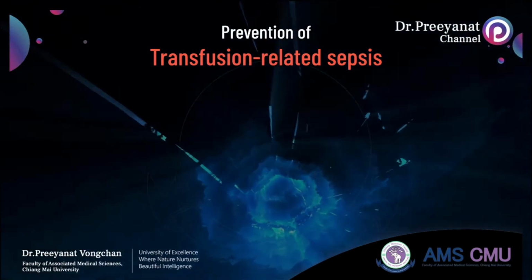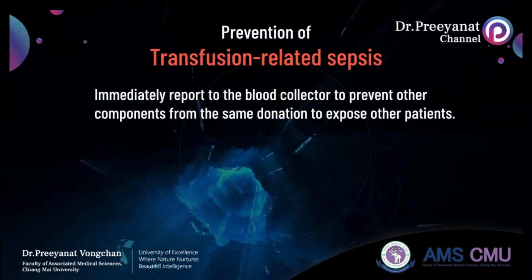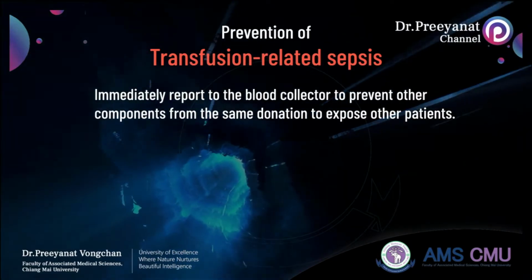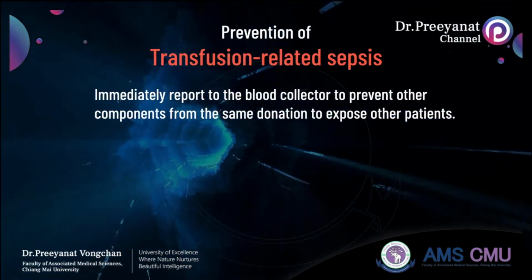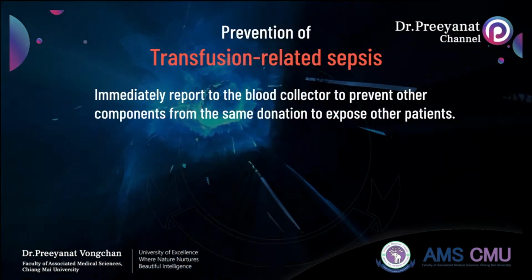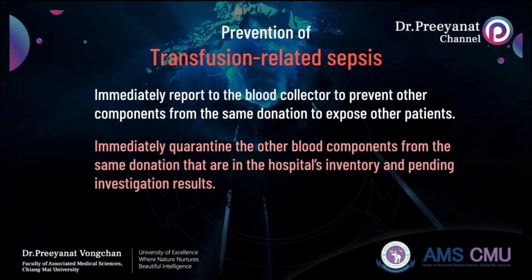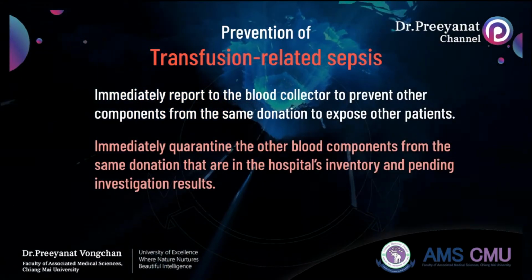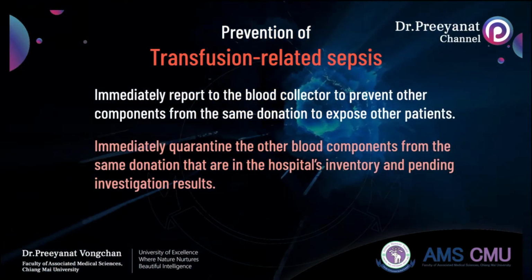Suspected sepsis should be reported immediately to the blood collector so that other components from the same donation can be intercepted to avoid exposing other patients to contaminated blood components. Any other blood components or aliquots from the same donation that are in the hospital's inventory should be immediately quarantined, pending investigation results.